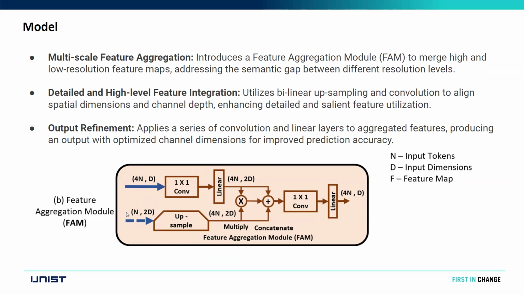As we discussed yesterday, bilinear is just trying to interpolate new points by using 2 existing points, and they do that when they reach 4n by 2D, where 4n is the input token, and these are the input dimensions. So in order to concatenate with this input, which is the desired dimension, they have to upsample to n by 2D, and they have to concatenate it together, and finally they have 4n by 2D, where n is the multiplication of the height and the width of the image.